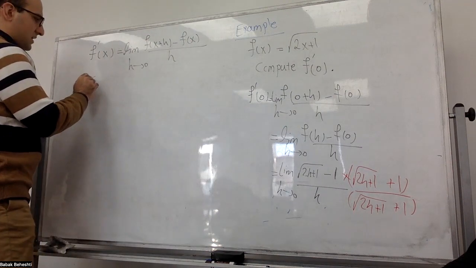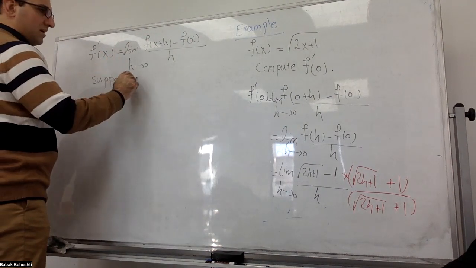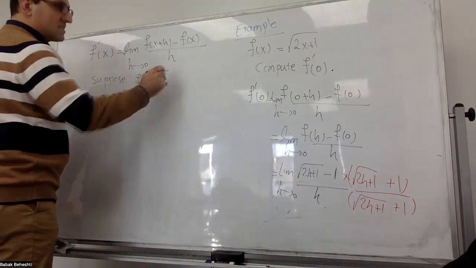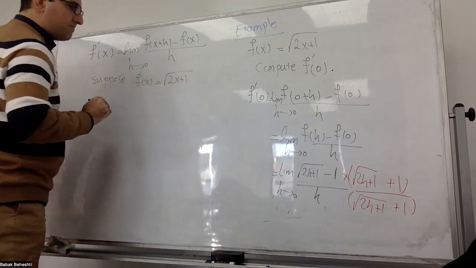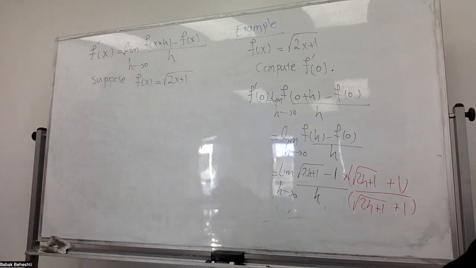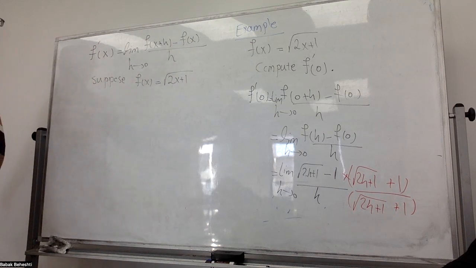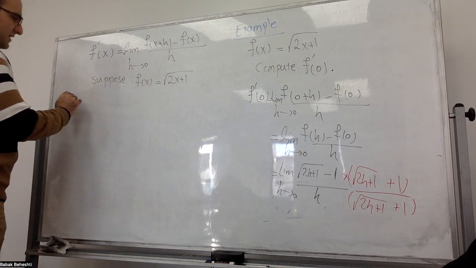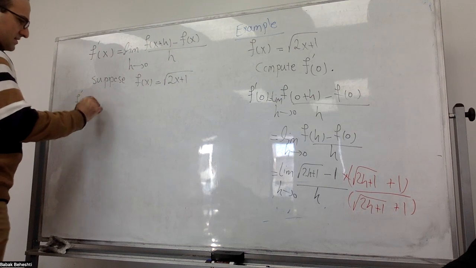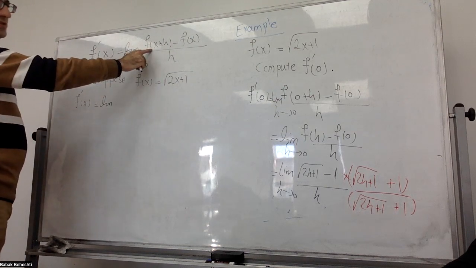So suppose again, this is an example, f of x is exactly this function, root 2x plus 1. Now we want to find a formula for f prime of x, in which x can be anything. So f prime of x, by this definition, is the limit of f of x plus h.